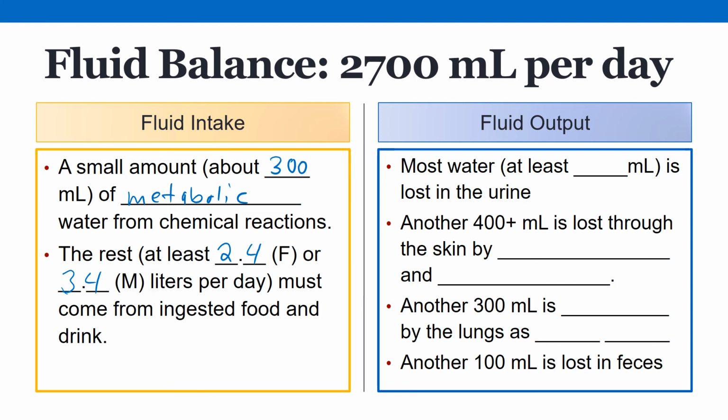On the fluid output side, most of the water, at least 500 milliliters, but often as much as a couple of liters, is lost in the urine. Another 400 or so milliliters is lost through the skin by a combination of transpiration and perspiration.